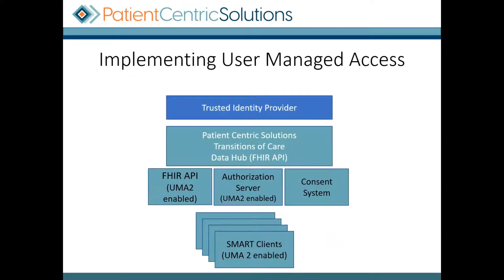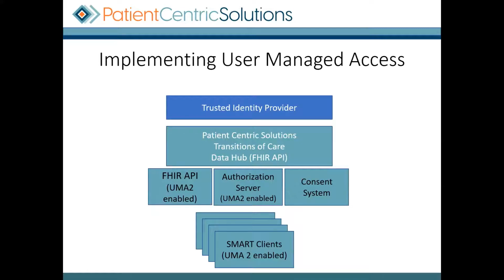UMA is the secret sauce that combines it all together. In our example, we rely on external trusted identity providers. We already have many high quality vendors who have this in production. We use enterprise-level FHIR APIs, already well established and proven, and enable that API to support UMA. The consent server both manages consents and interfaces with the authorization server over the secure UMA 2 standard.